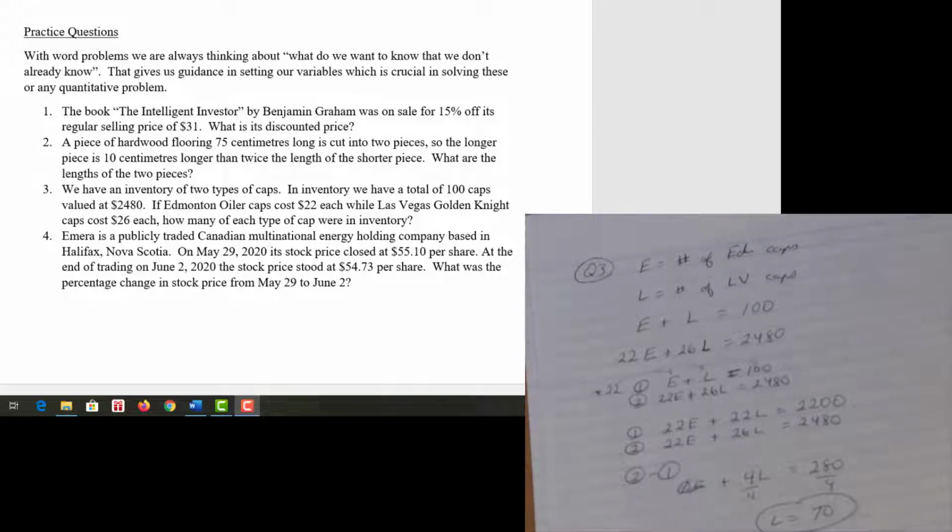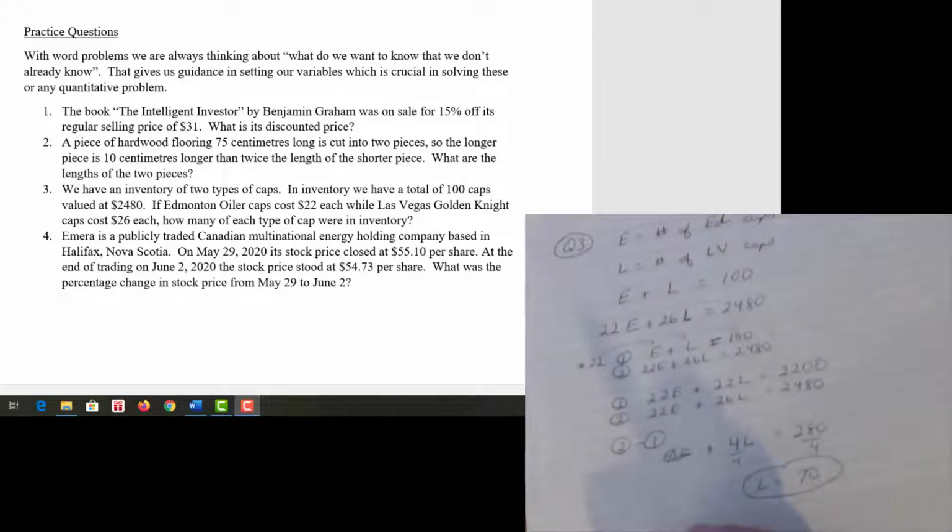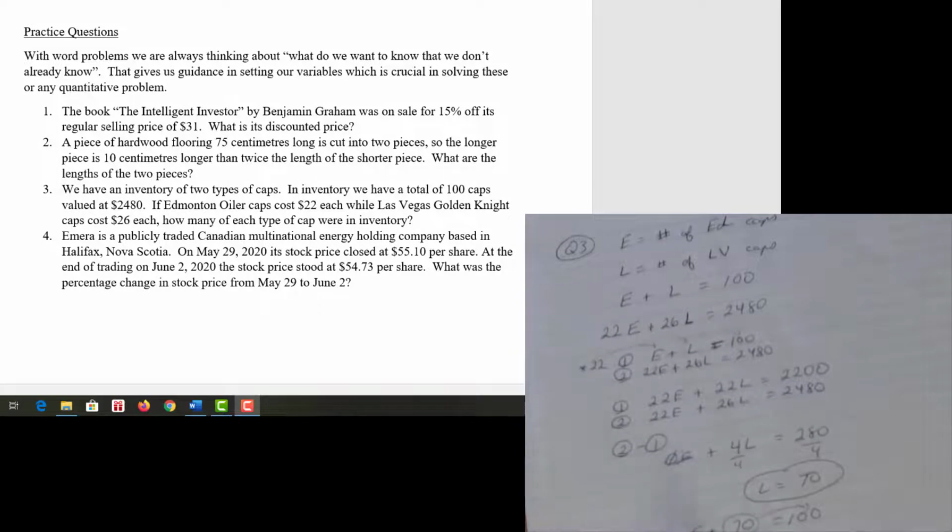Now I'm going to take that result and put it into one of the other two equations. E plus L equals 100. That's the easiest one to use, so I'm going to use that one. And so what do I get? I get E plus L, which is 70, equals 100. And I'll take that 70 and move it over to the other side. When I do that, it becomes a negative number.